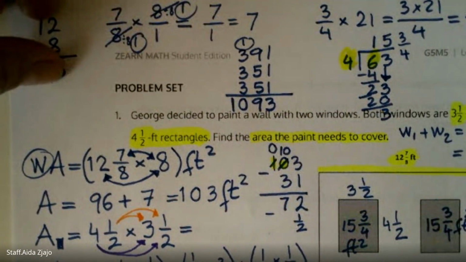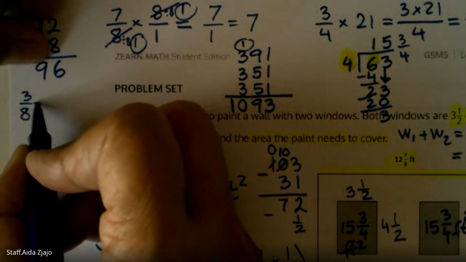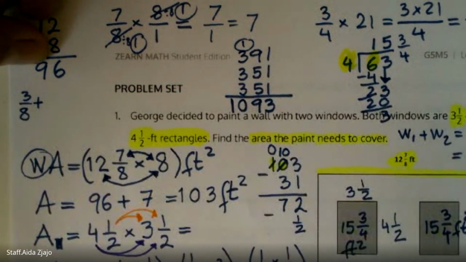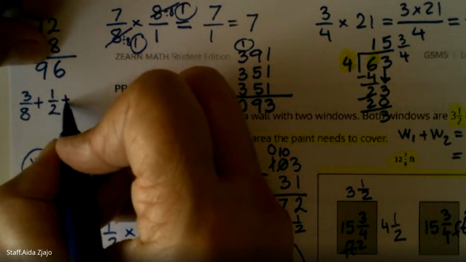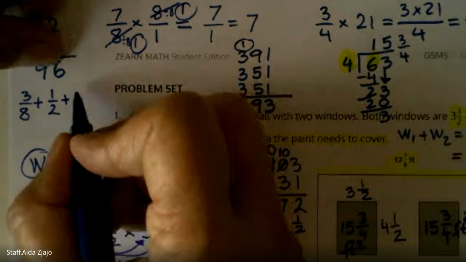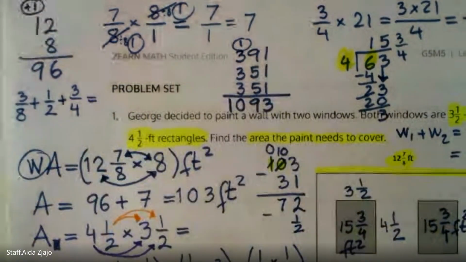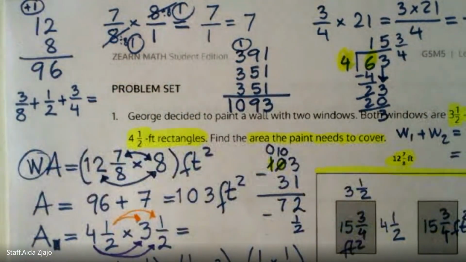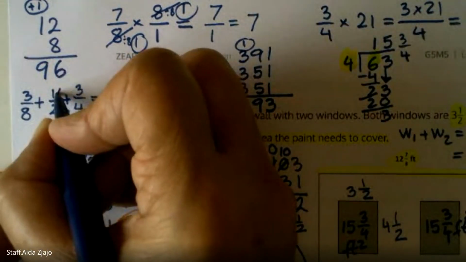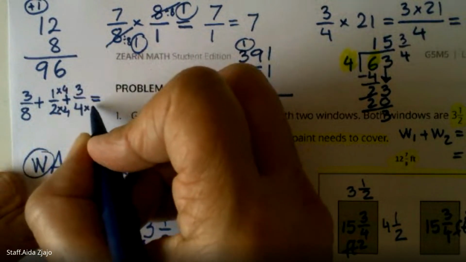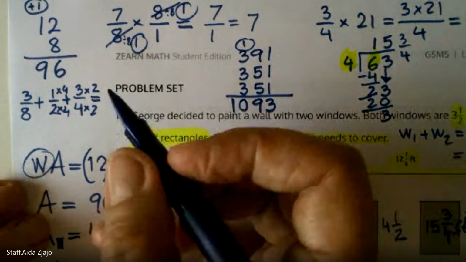And then I need to add 3/8 plus 1/2 plus 3/4. Okay, I'm gonna change all this into 8ths.